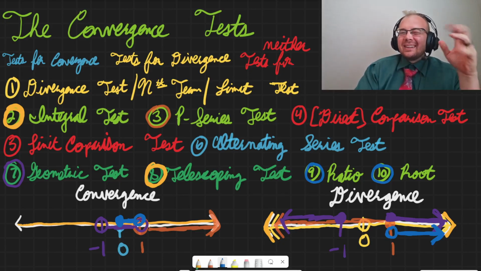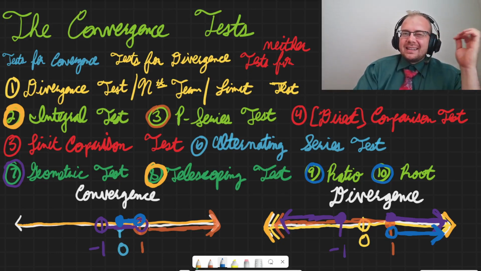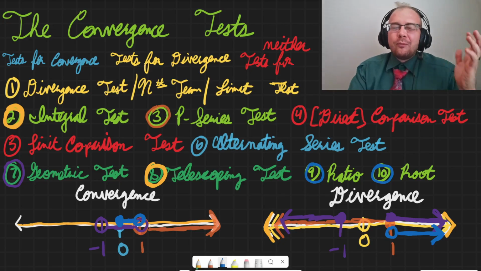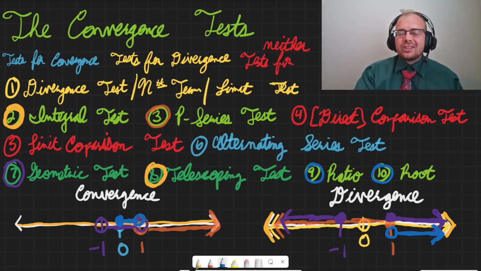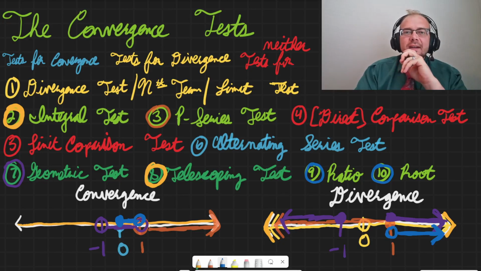And that's what makes this unit kind of hard: you don't always know exactly what the right test is to use in every single scenario. For the most part, you can kind of know which test to use, and I'll probably get more into that as I continue into the series on series.